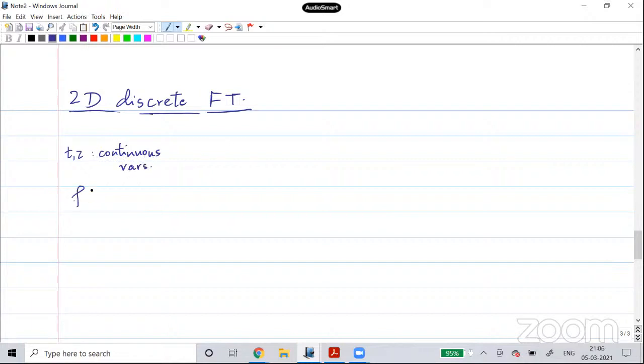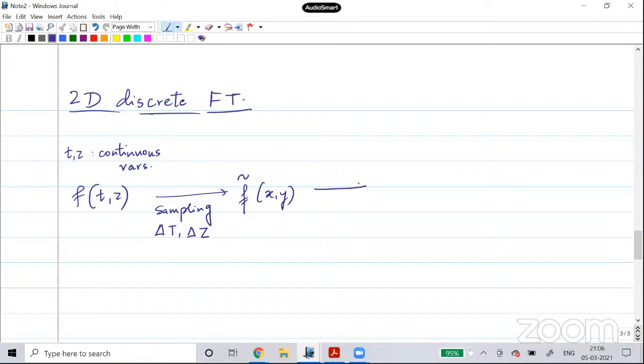And f(t, z) will be the continuous function, which after sampling, with delta t in the t direction and delta z in the z direction, we will sample these to get f tilde (x, y). So this is the sampled function.